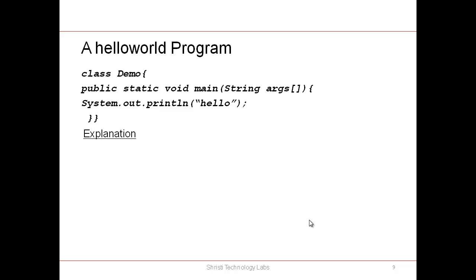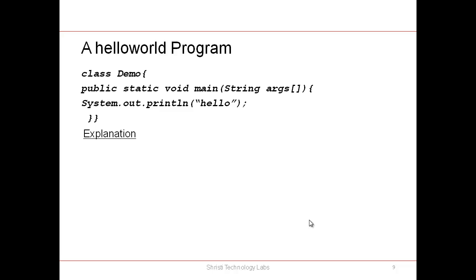Public static void main string args, or it can be static public void main string args. What is the use of this method? This is the method which makes your JVM gain entry into your Java class. So the JVM will start the execution only from this method.